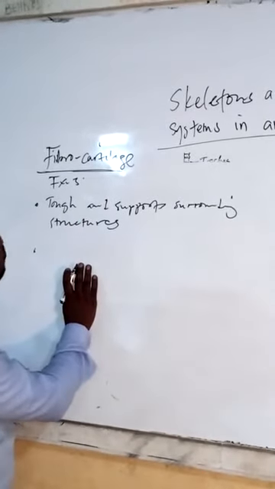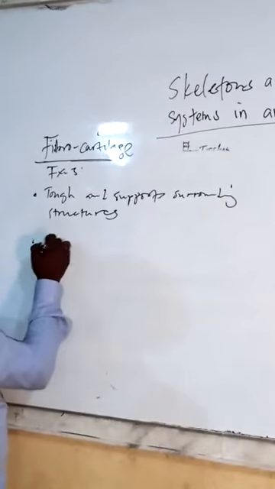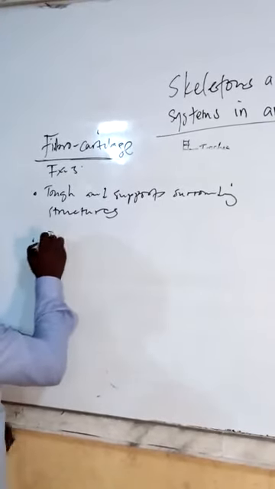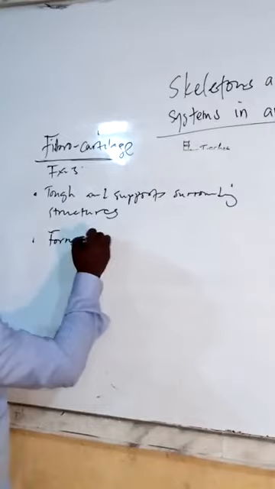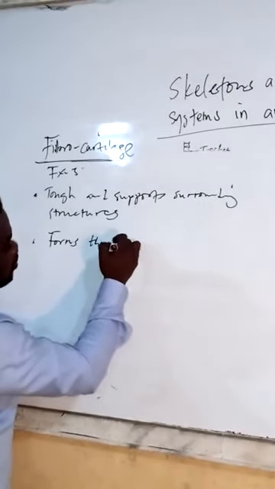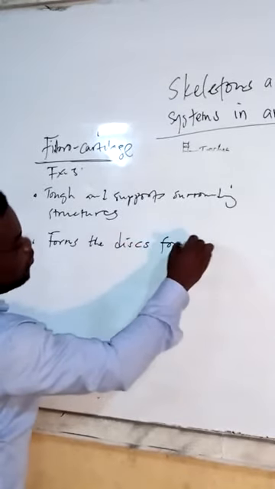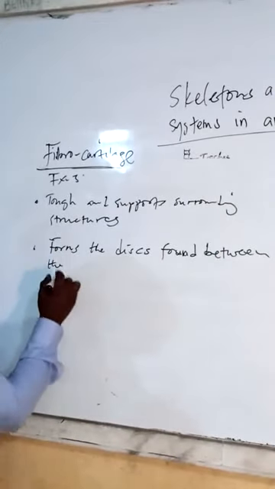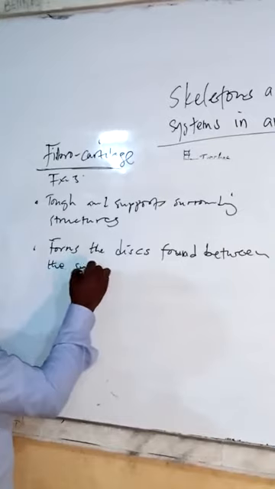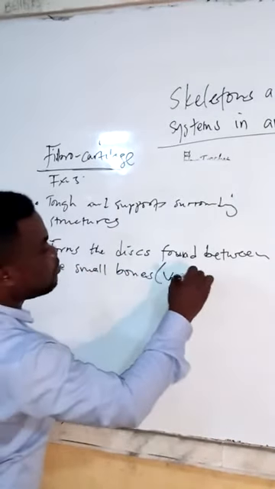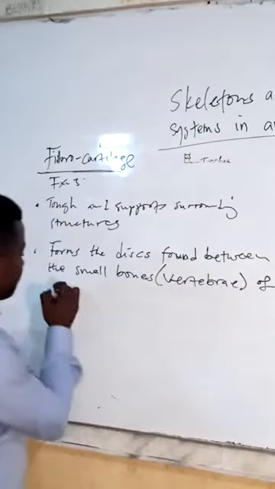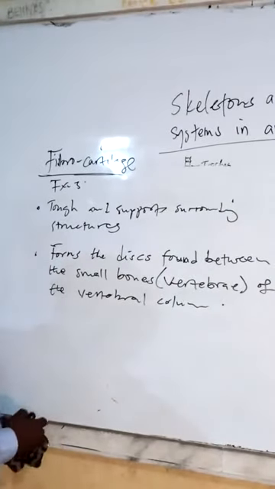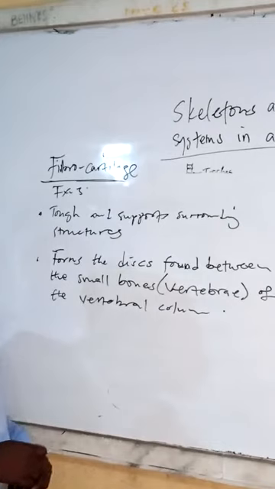And then also the fibrocartilage forms the disc which is found between the small bones, which are called vertebrae of the vertebral column. Please, we shall continue with the rest of the types of cartilage. Thank you. Bye-bye.